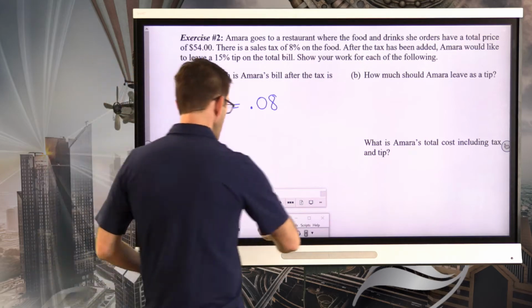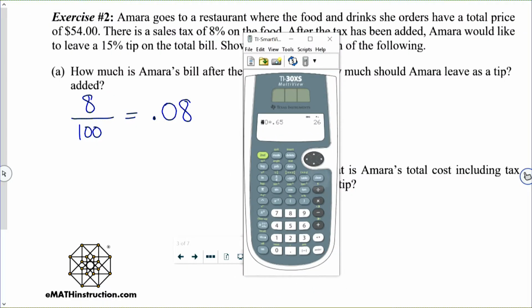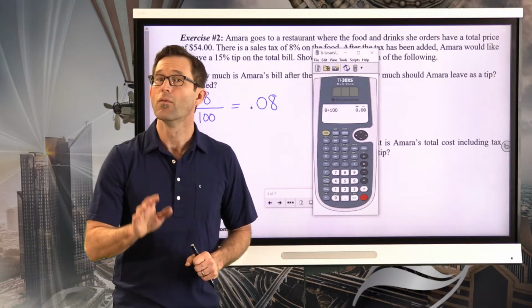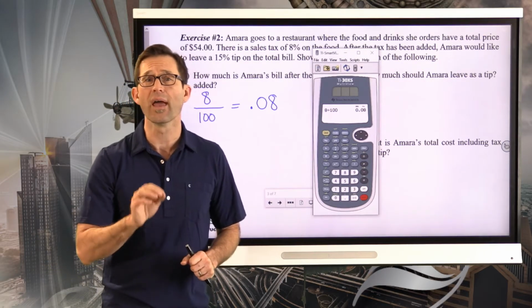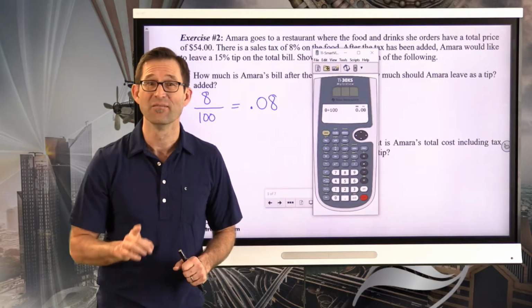Take your calculator and just simply do 8 divided by 100, and we get that 0.08, all right? Very important. It's very easy to get 8% and 80% mixed up.